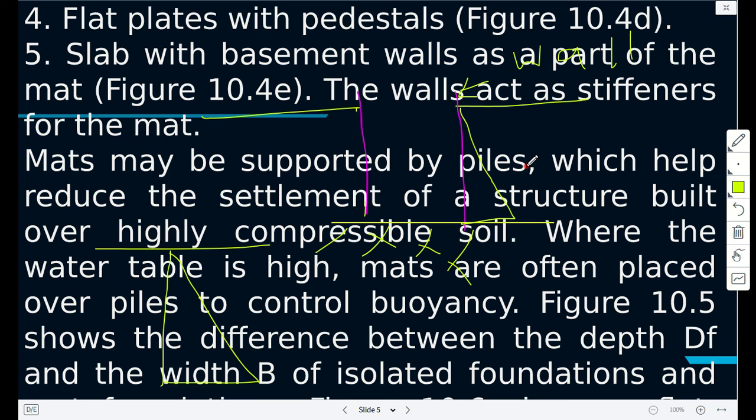But for example, sheet piles, after you finish, you can remove or withdraw once you put a proper foundation. Sometimes people don't withdraw or remove the wall, so that wall becomes part of the foundation. It's the same idea as the slab wall. So the basement wall forms part of the mat foundation just to stiffen and make sure the structure is stiff enough.